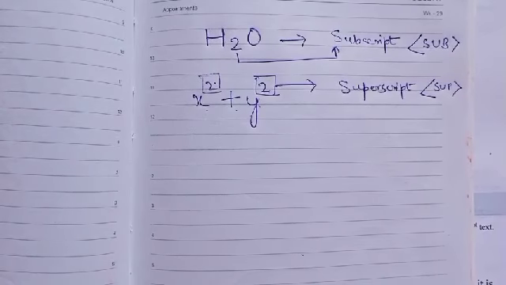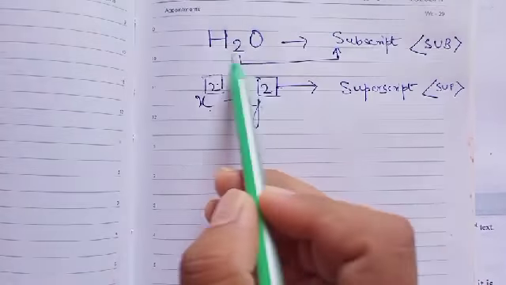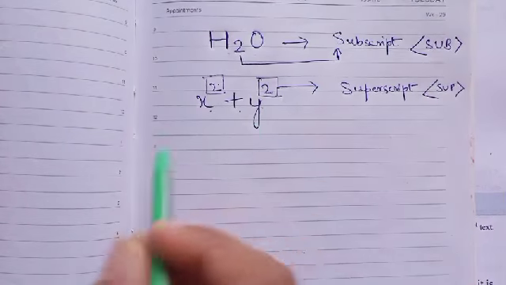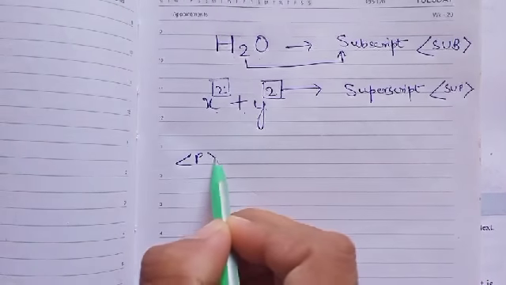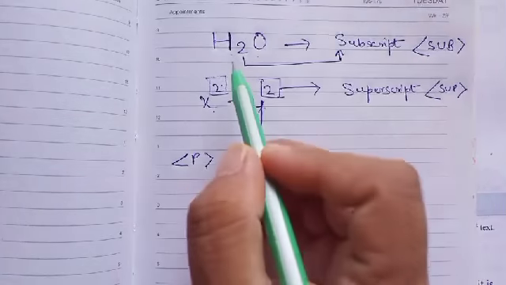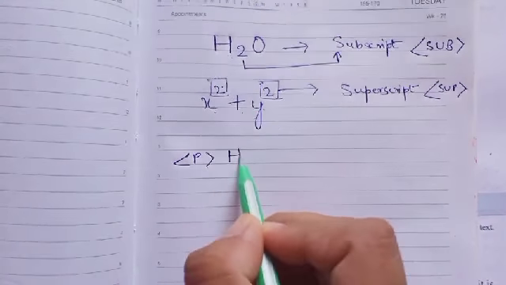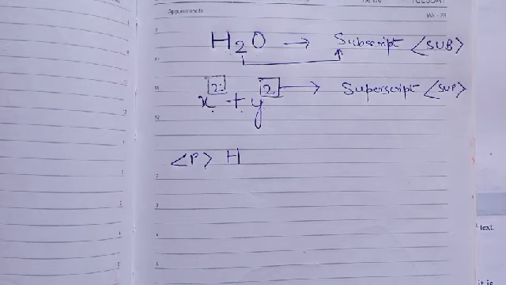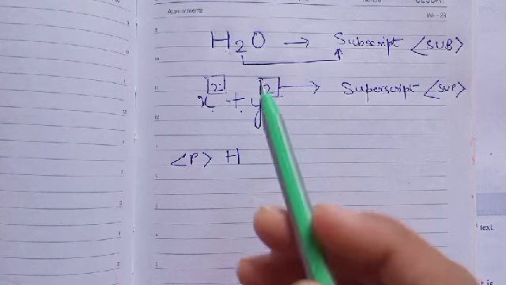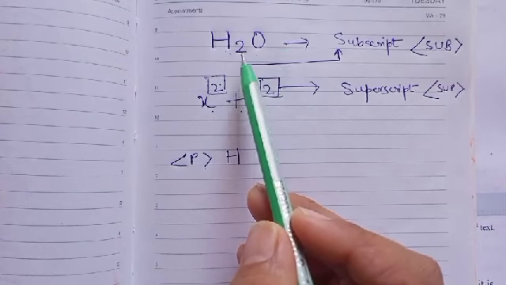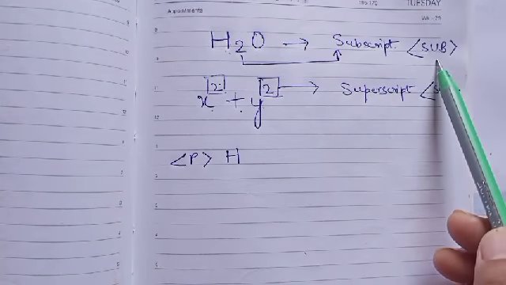Now let us see how we will make use of these tags. Here you can see the example H2O. When I have to write this, I am going to write it in a paragraph. In the paragraph, first I will write H as usual because it is my normal text. After that, I have to write 2, and this 2 is actually subscript.